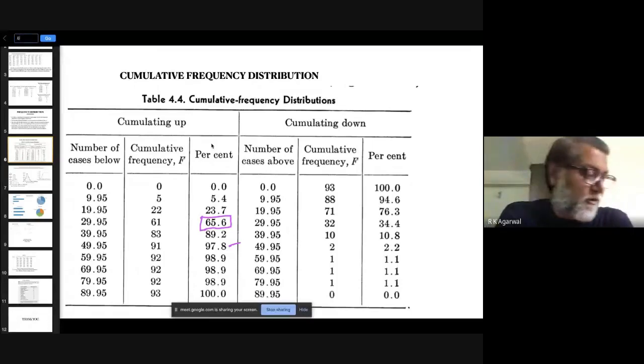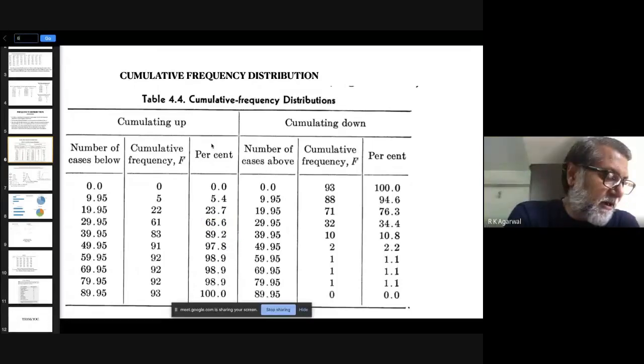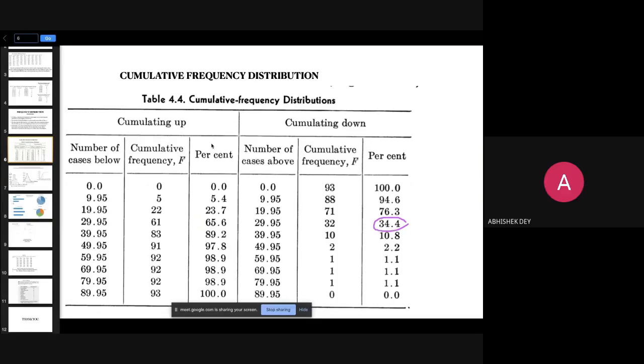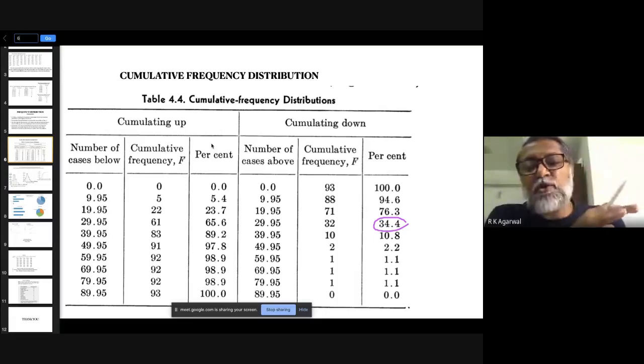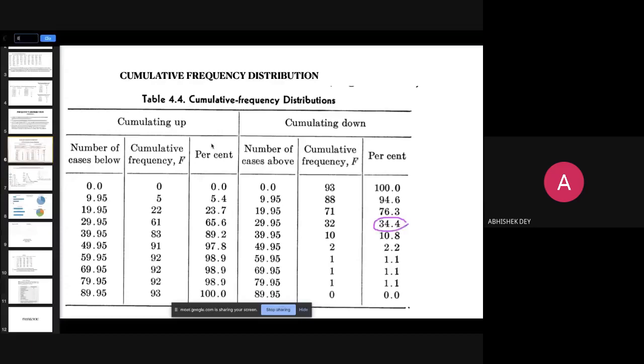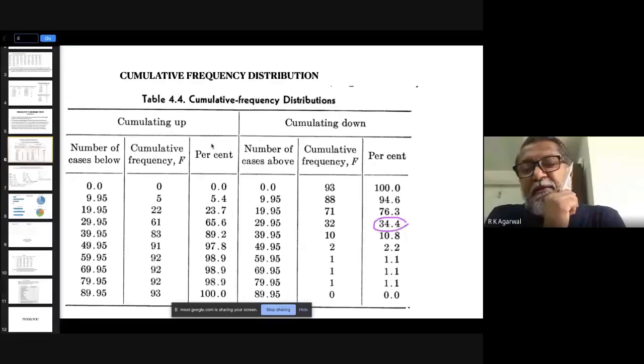Likewise, what about this 34.4? 34.4% students have marks equal to or greater than 30.